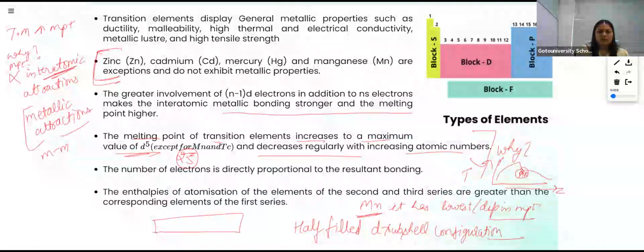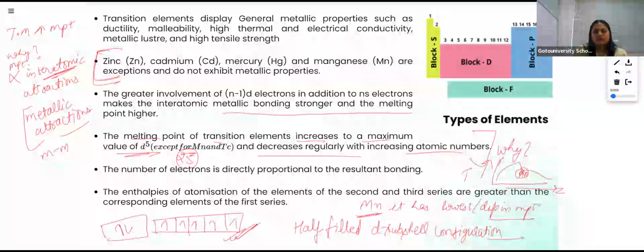Now how does this have an impact? See, here I am writing the configuration for the d orbital of manganese. That is half filled, and here we are having the 4s2 orbital, right? With manganese having this strong, or say stable, half filled d subshell configuration, these elements resist and do not take part in the chemical reaction.